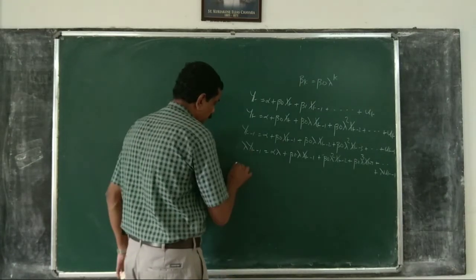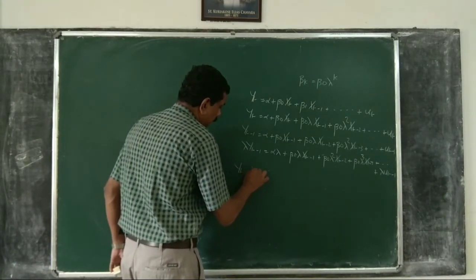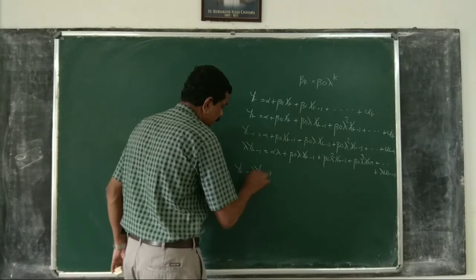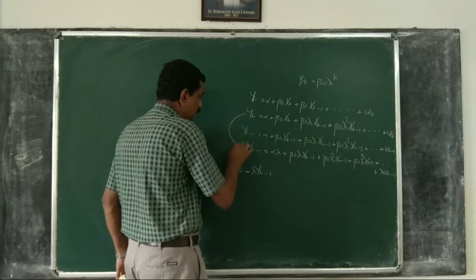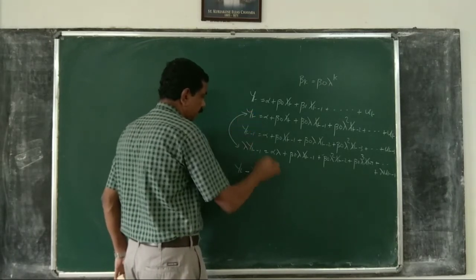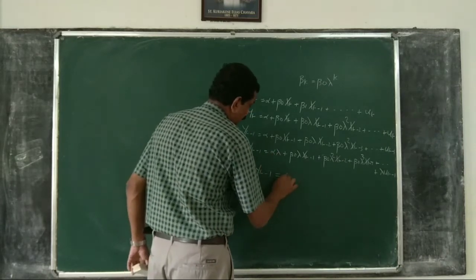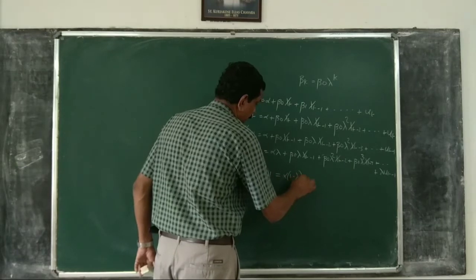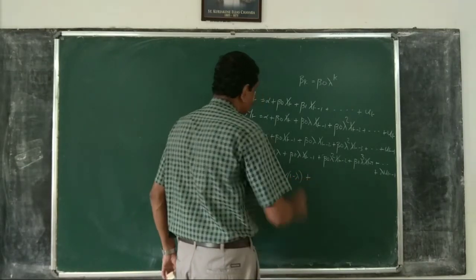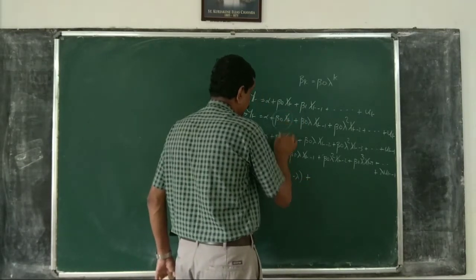Then yt minus lambda yt minus 1 is equal to alpha into 1 minus lambda plus, there is a beta 0 xt here.